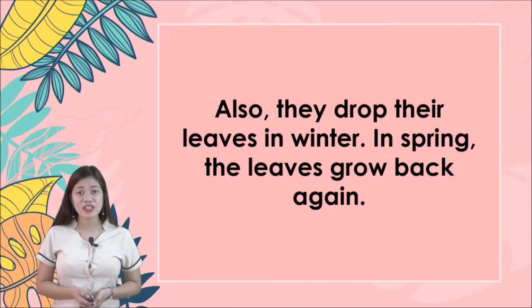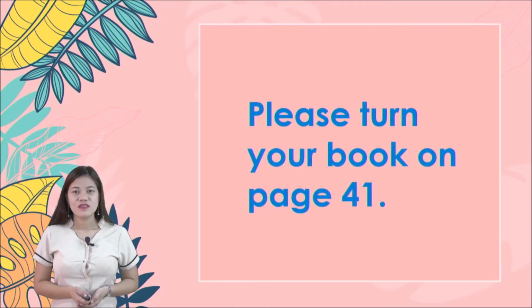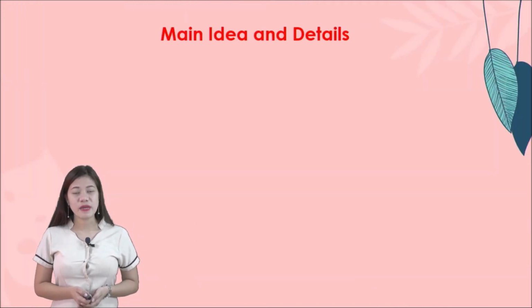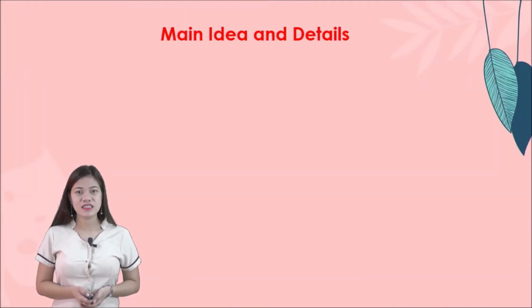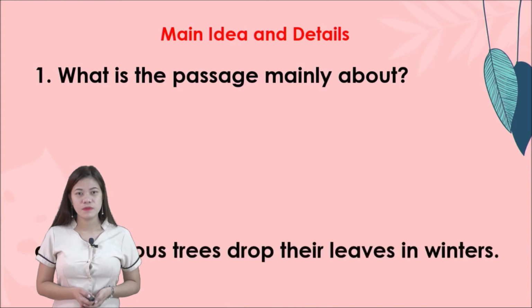Did you really understand our lesson, kids? Now, let us answer your book in reading. Are you ready? So, please turn your book to page 41. Let us answer main idea and details. Here's the first question. What is the passage mainly about?